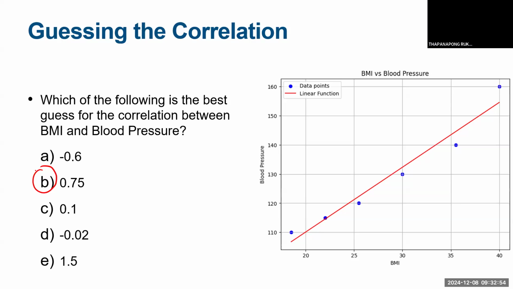It's positive, so you can remove all the negative options. Now, among the positive ones, you have 5.1, but 1.5 is not possible. The correlation is from -1 to 1. And if you look at the line and the data, you would think that it explains the data very well. And if it explains the data very well, you will have a higher correlation.